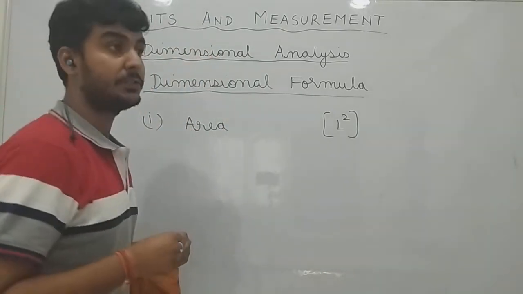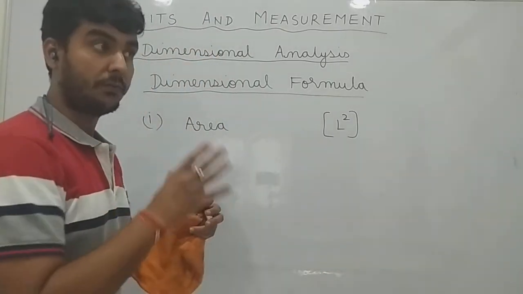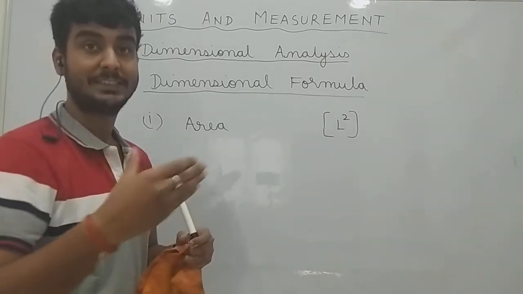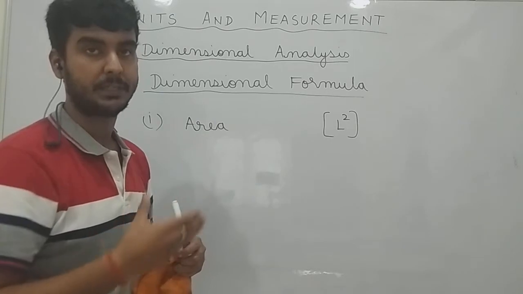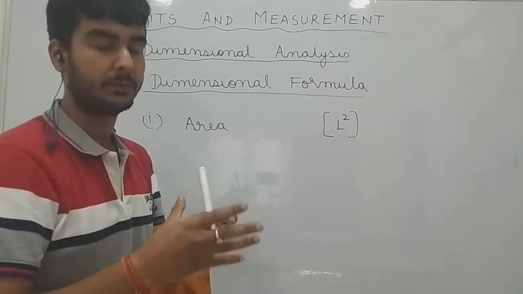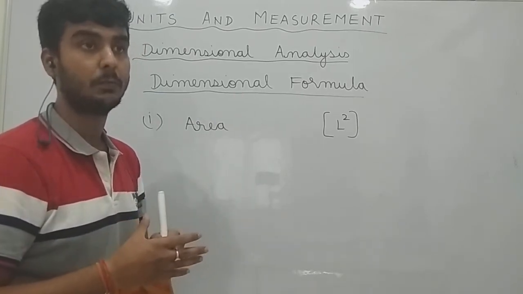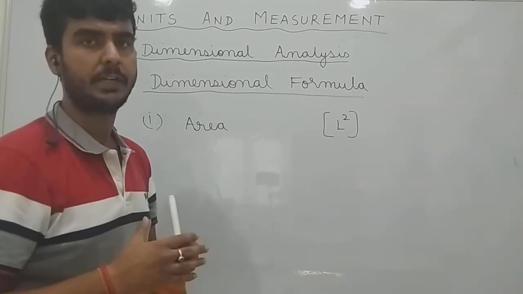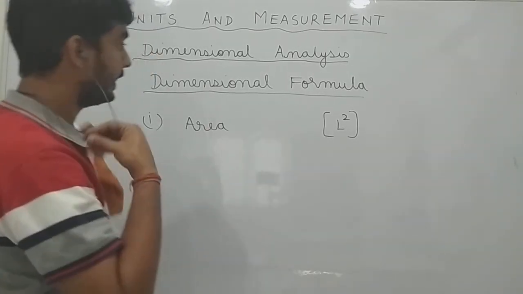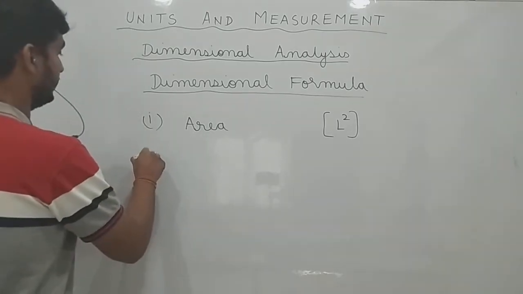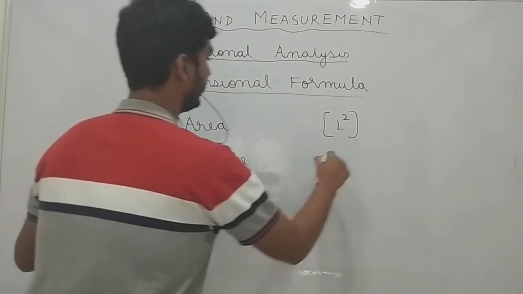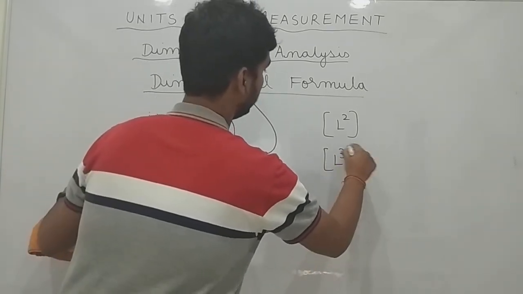The dimensional formula of a derived quantity is a combination of what? The 7 fundamental dimensions of the physical world raised to some power, depending upon the quantity which you are expressing. So area is L square. Similarly, the dimensional formula for volume will be L cube.